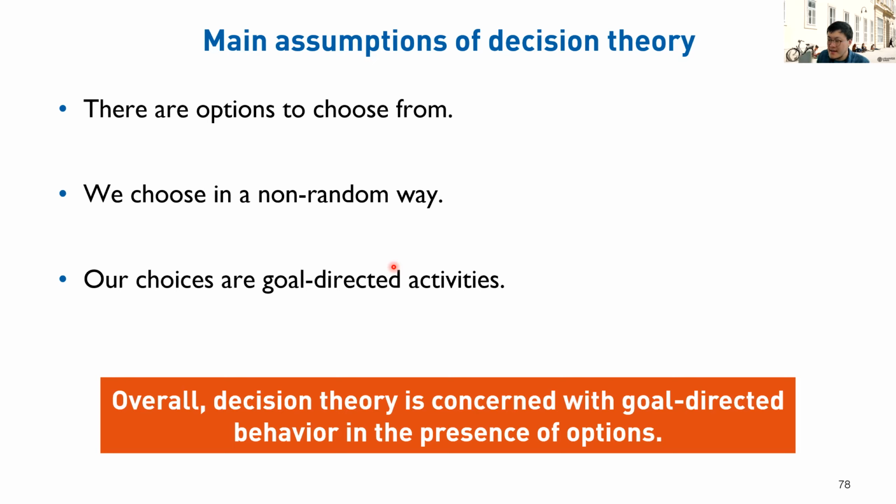And this is the importance and also the interesting part of studying decision making. And here, if you can connect all three elements together, overall, decision making or decision theory is concerned with goal-directed behavior in the presence of options, right? Just a summary of what I said.